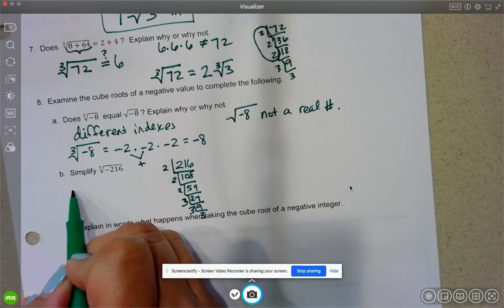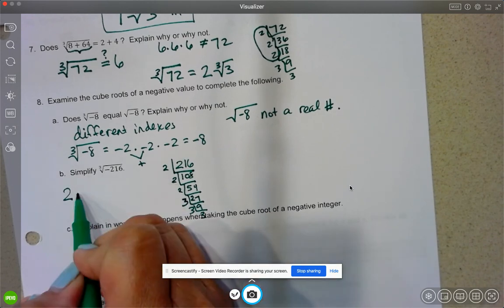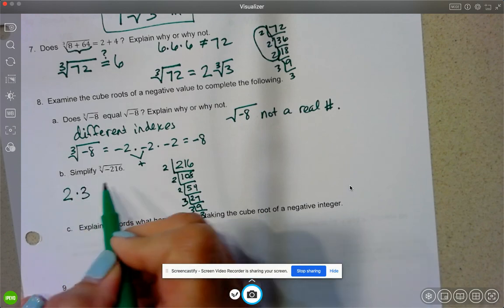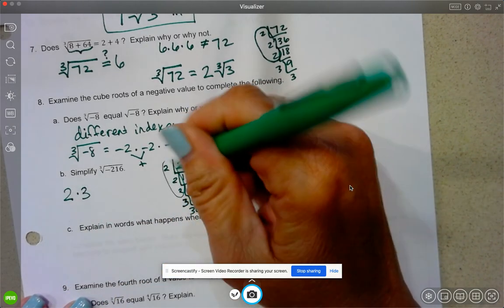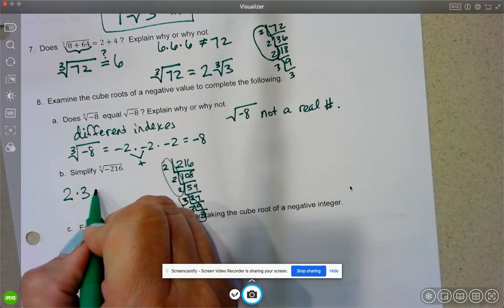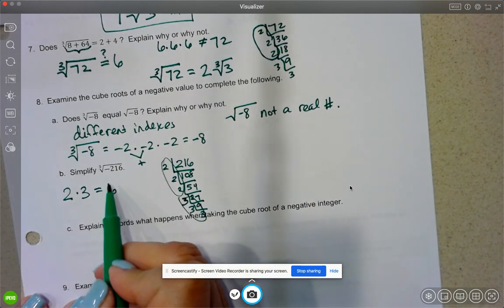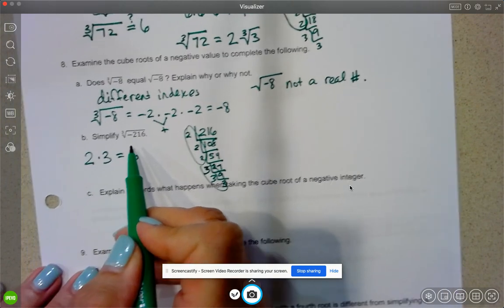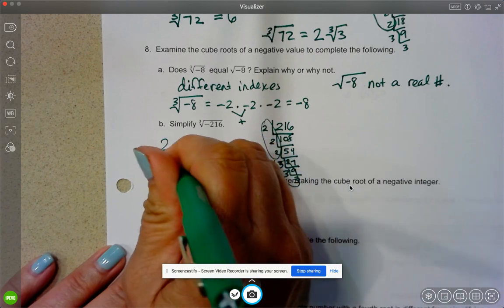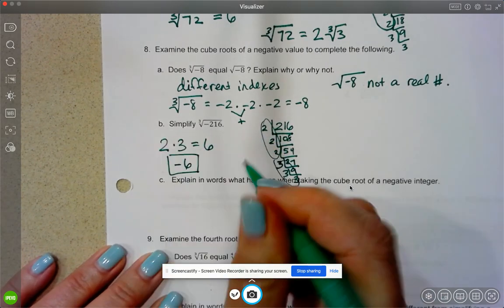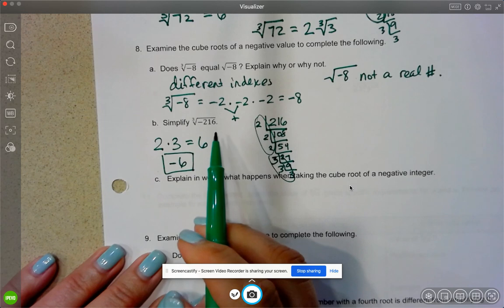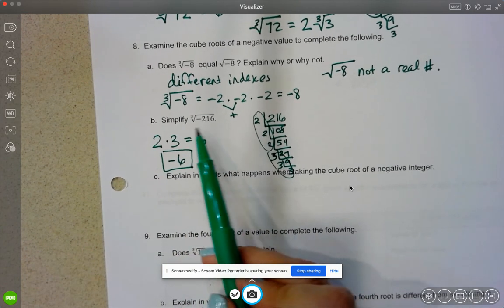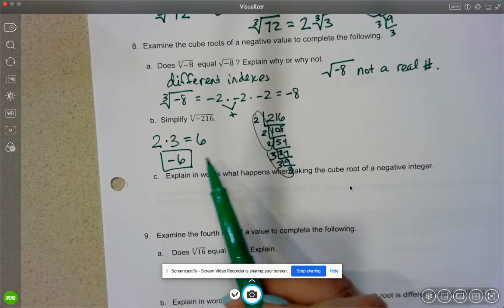So I take out a 2 and I take out a 3 because I have 3 3s. And I have nothing left inside, because I have these two groups. So I have 6, but 6 times 6 times 6 is not negative 216. So what I need to do is make this negative 6. And that would be the cube root of negative 216. So now you know that 216 is also a perfect cube, because when you simplify it, you end up with nothing else in the radical.